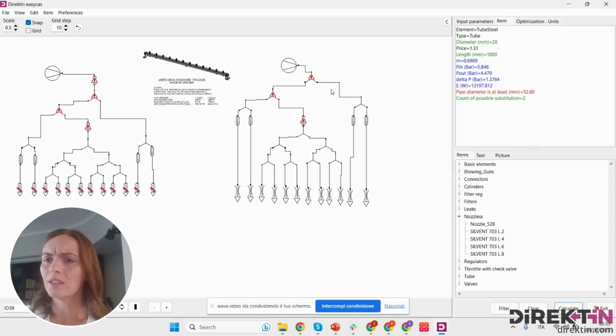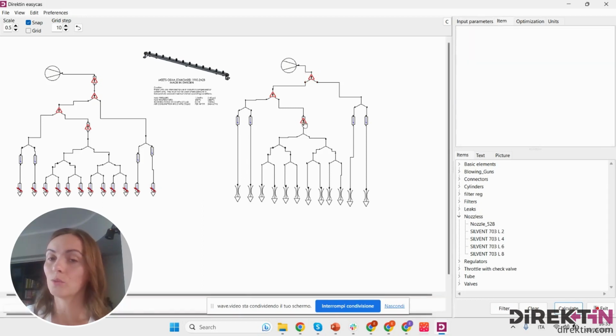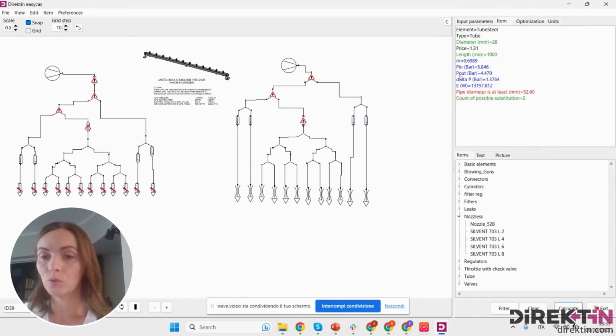Basically, it shows us that the connections here were not planned correctly by the machine manufacturer, because the customer replaced only one part of the machine without changing the other connectors that were installed before.